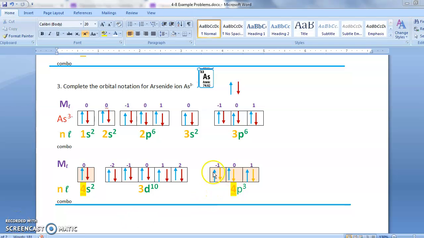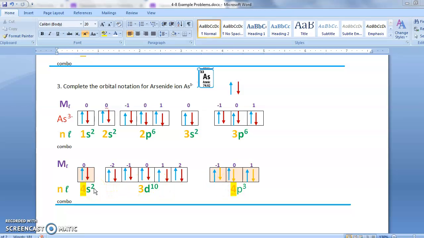On your homework, when you're doing the ones that are minus, when you add electrons to it, I would like you to put those in a different color so you can see that those are the 3 that made it the 3 minus. Those are the 3 that the arsenic atom acquired in order to fill the outermost S. Outermost P is now full, and it's achieved the octet rule.